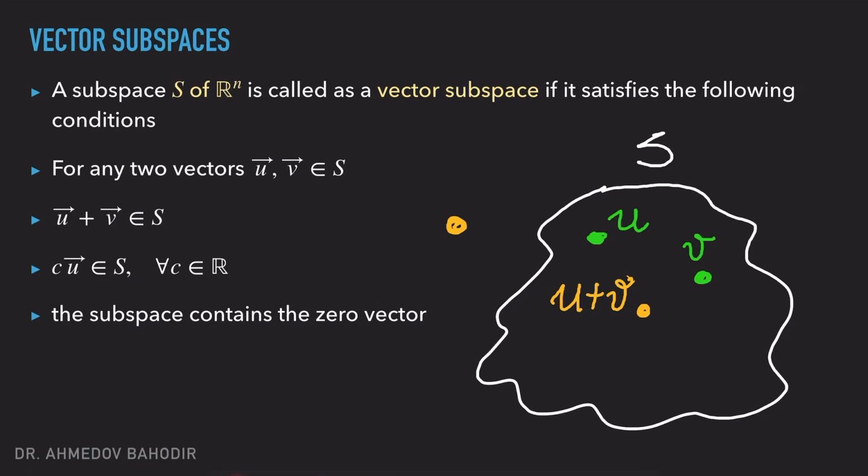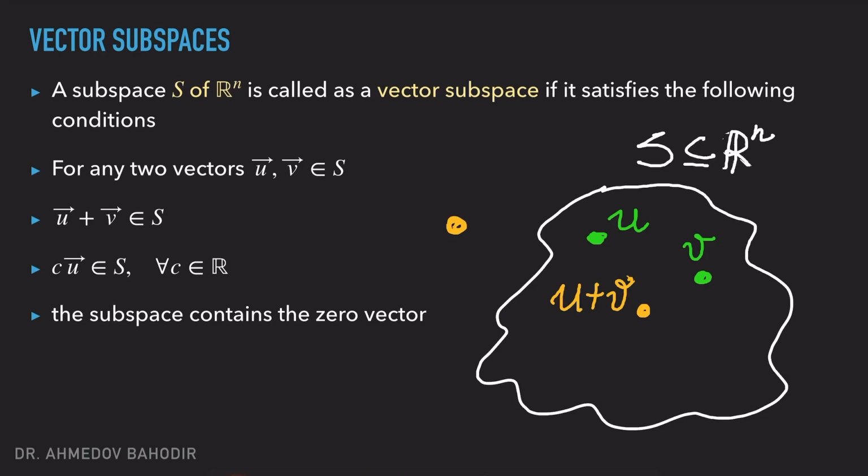The vectors outside the subspace are still in Rn, but this is not going to be a vector subspace anymore if the sum of any two vectors is outside of it.